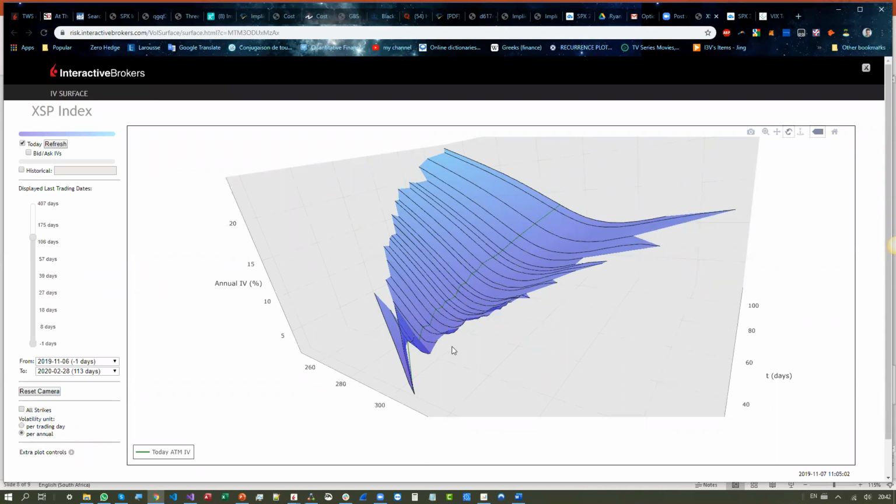But as a matter of fact, statistically, we should use another dimension here called Moneyness. And Moneyness is generally the natural logarithm of the underlying over the strike price, or vice versa.